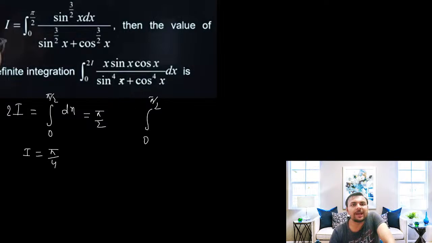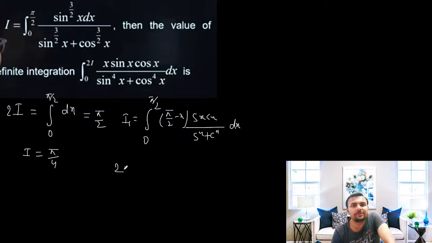Now what will happen when you put pi by 2 minus x? Cos becomes sine, sine becomes cos. So we are simply getting pi by 2 minus x and everything same: sine x, cos x, sine 4, cos 4 dx. This is I1, and this is also I1.